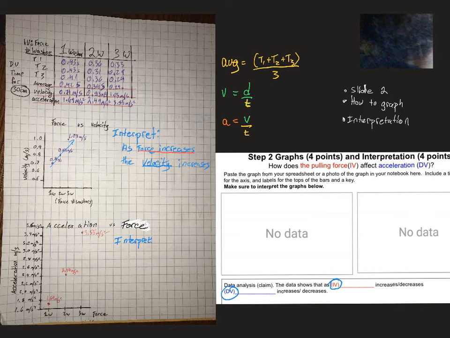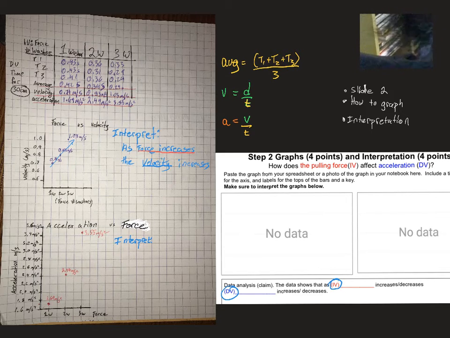And I'm also going to need to set up my y-axis. So I look at my range. I can see that my acceleration has a range from 1.69, which is almost 1.7, all the way up to 3.55. So here I have to skip count by 0.2s, 1.6, 1.8, 2.0, all the way up to 3.6. And that's going to include my whole range.